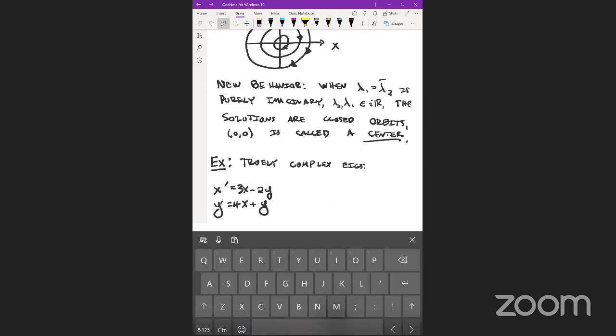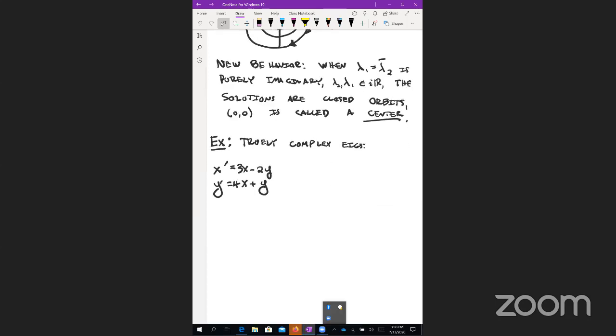Okay. So let's just do the computation really fast. If we have the determinant of A minus lambda I, this is going to be 3 minus lambda times 1 minus lambda plus 8.